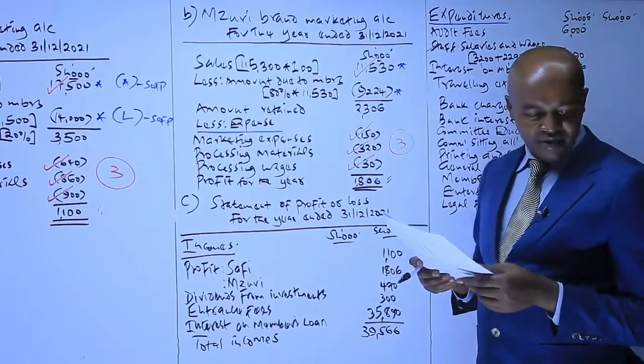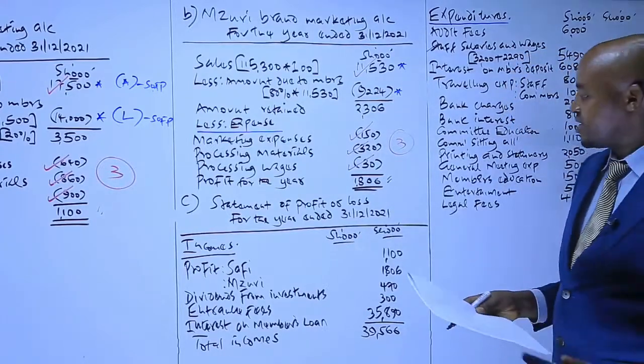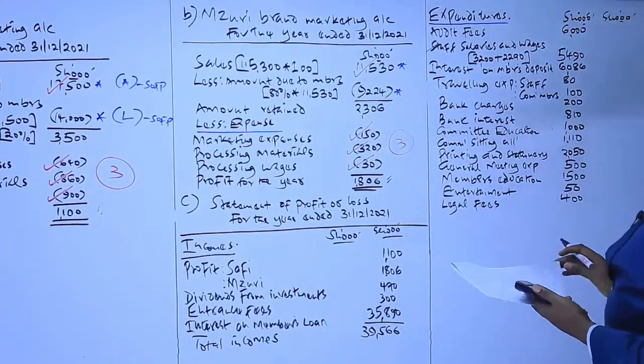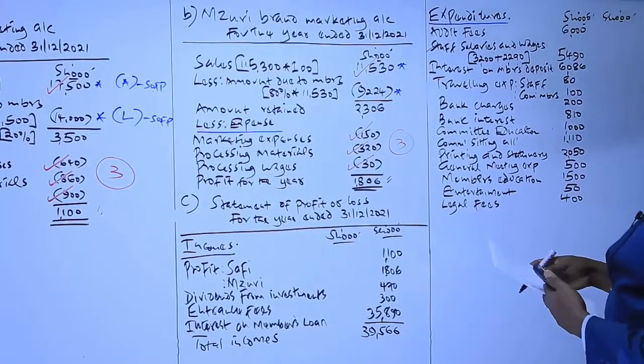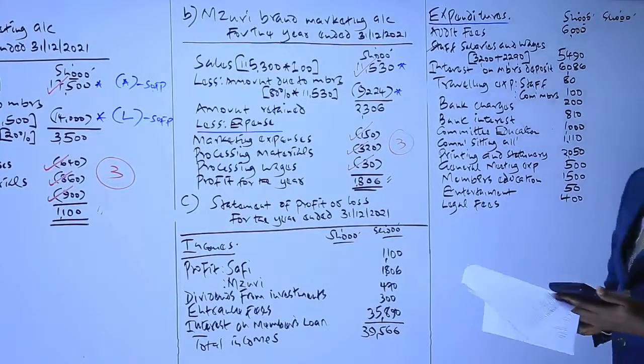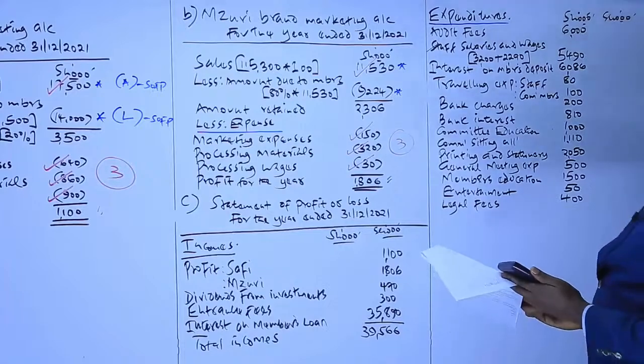Yes. So what we need to do is add all those particular expenses of this cooperative society so that we can determine the profit or the loss for the year.